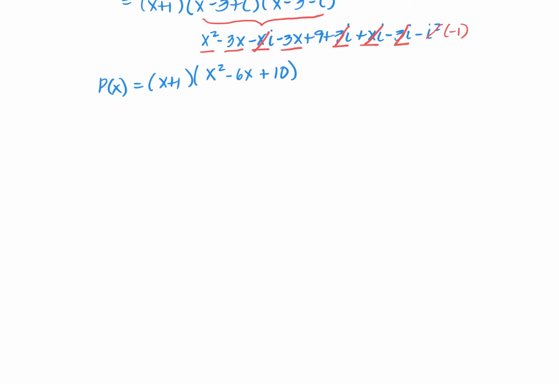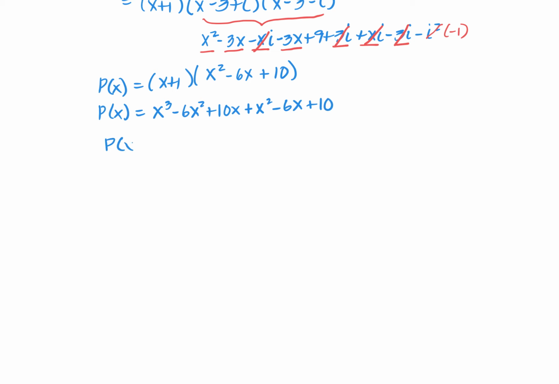And of course, we need to also multiply that out and get rid of our parentheses. I get x to the third minus 6x squared plus 10x. And then distributing that 1, plus x squared minus 6x plus 10.